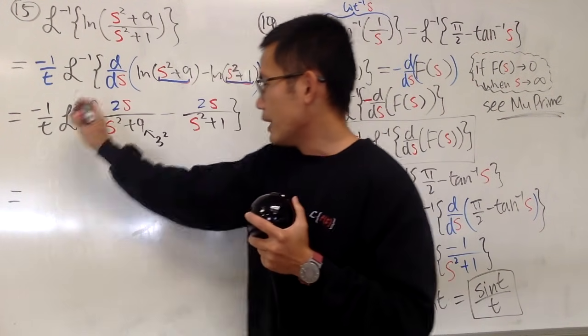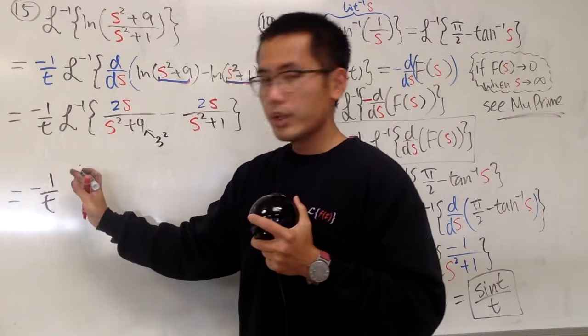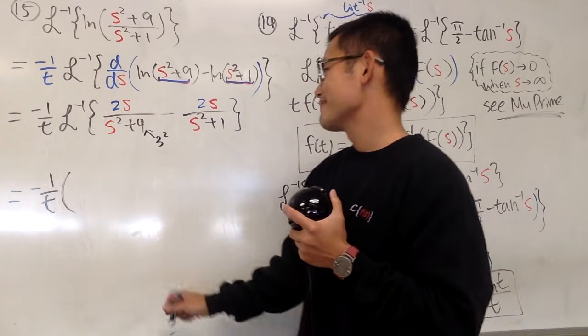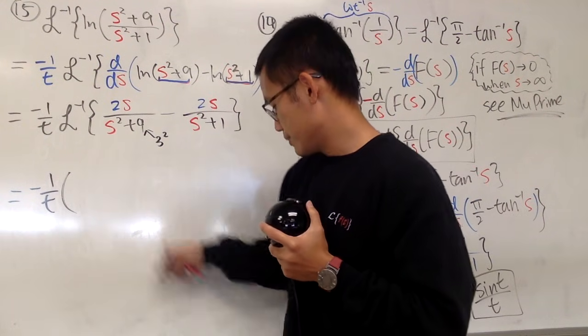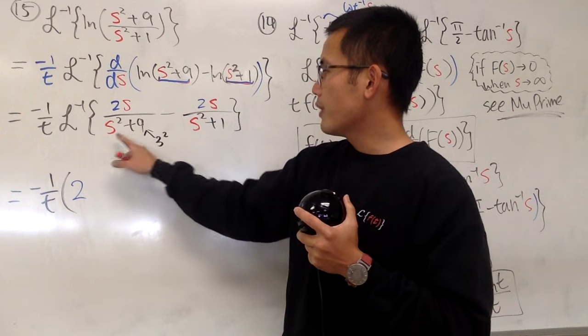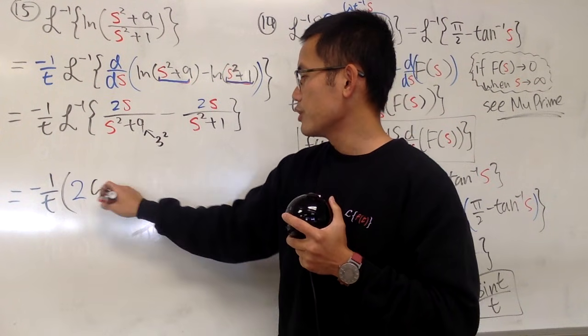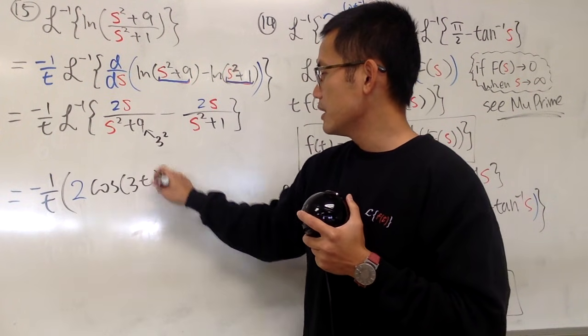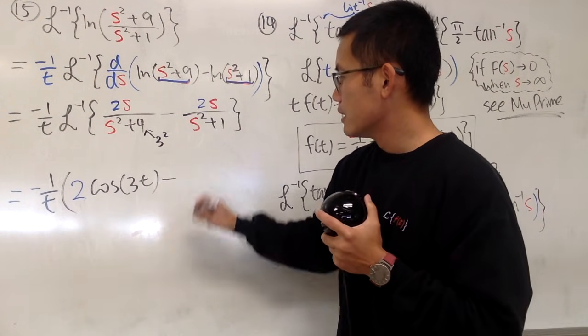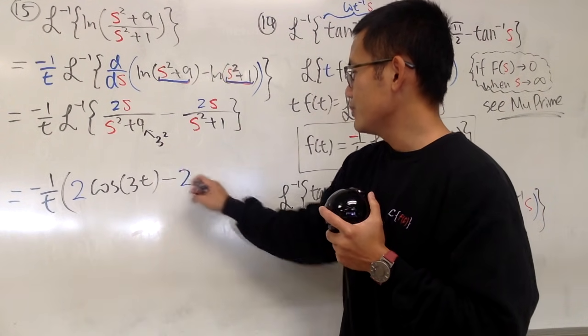So here we go. We have the negative 1 over t all the way in the front. Put down parentheses for the result of the inverse Laplace. 2 is 2, so perhaps I'll write that down. Why not? And then s over s squared plus 3 squared, that's going to be cosine of 3t, like that. Very good. Minus 2 is another 2 right here.